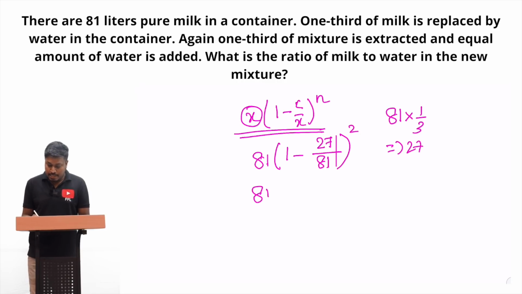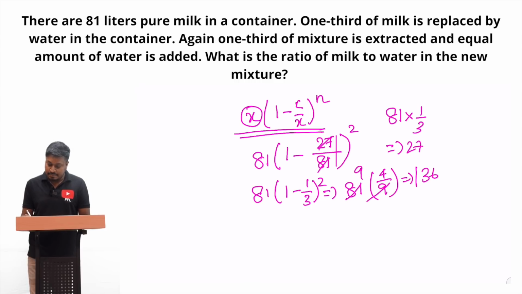Got it? So 81 into (1 minus 1 by 3) whole square, so this can be written as 81 into (2 by 3) square, which is 4 by 9, so 9 nines are 81, that is 36. Which means the total amount of milk left will be 36.